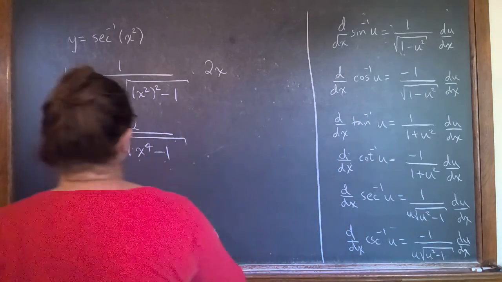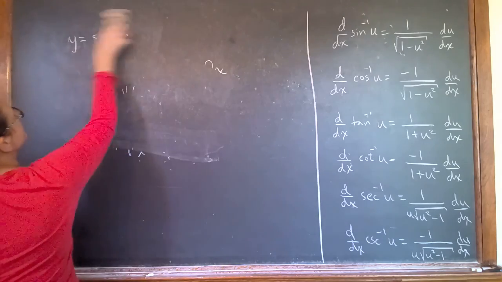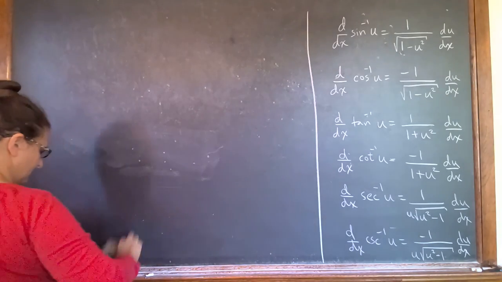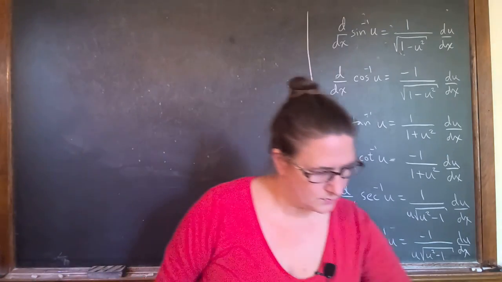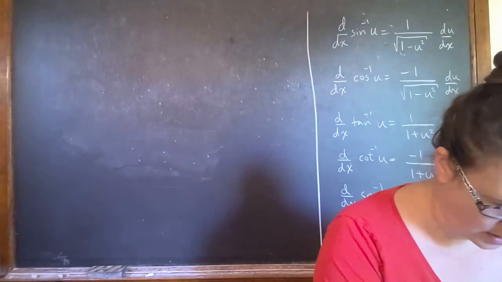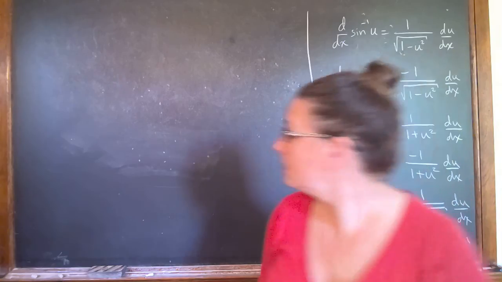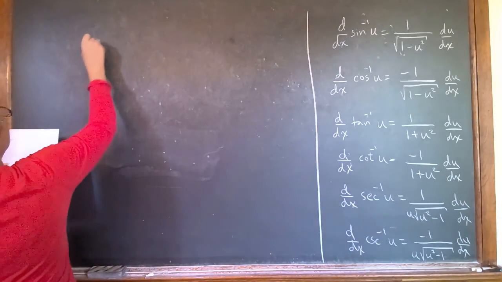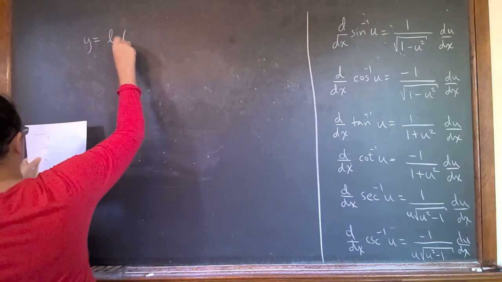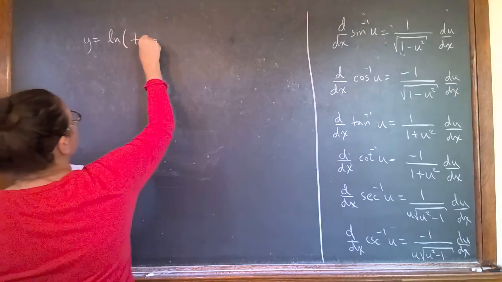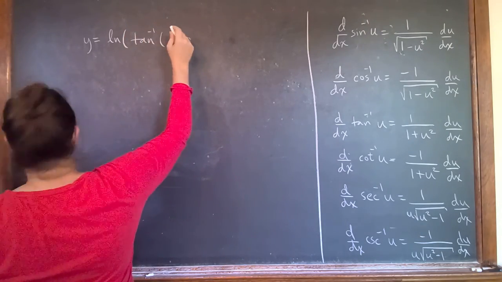Now, let's do a couple others. Just real quick, I have a few here that are sort of useful to look at. This one, natural log of inverse tan of t to the 4th.